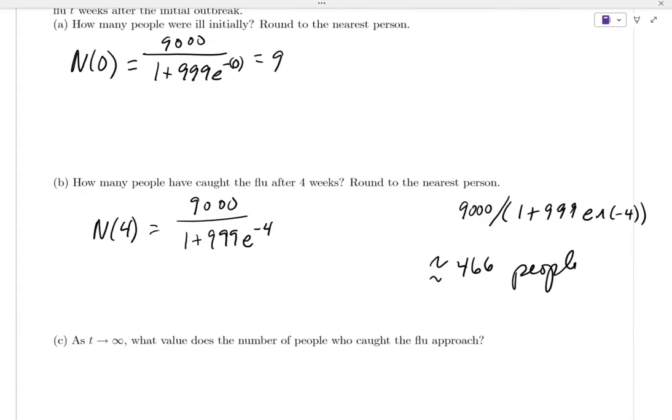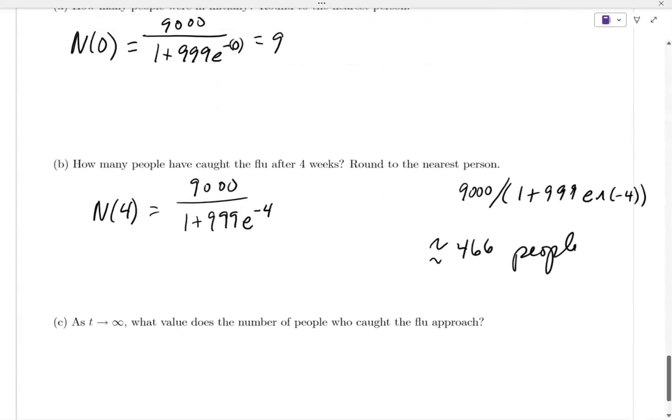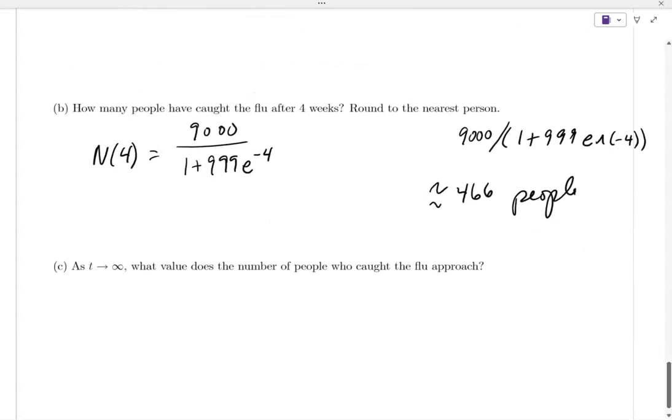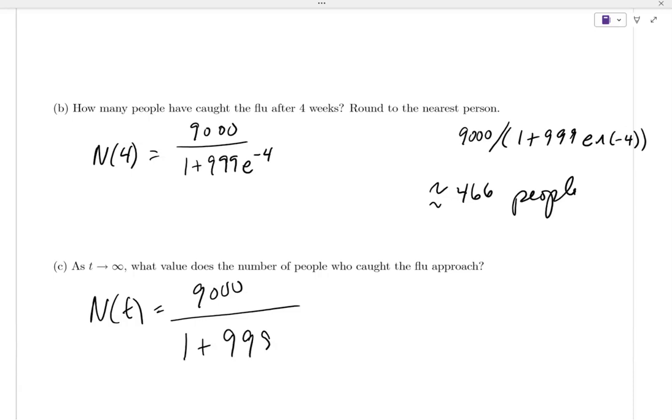The last part is just asking us to interpret what I mentioned at the beginning here. So I'll just rewrite the function down here. So remember that this notation again just means it's a kind of end behavior notation.